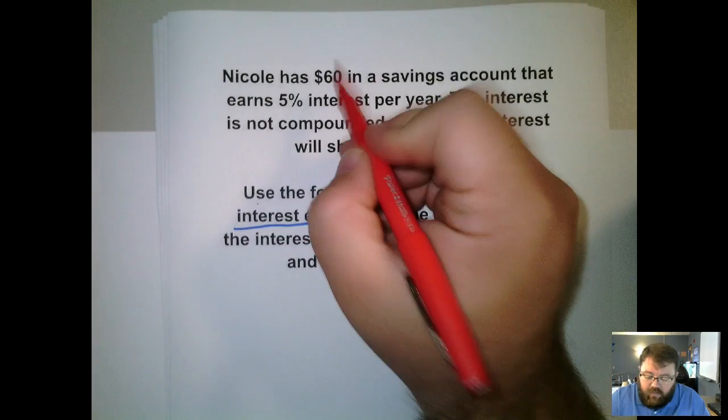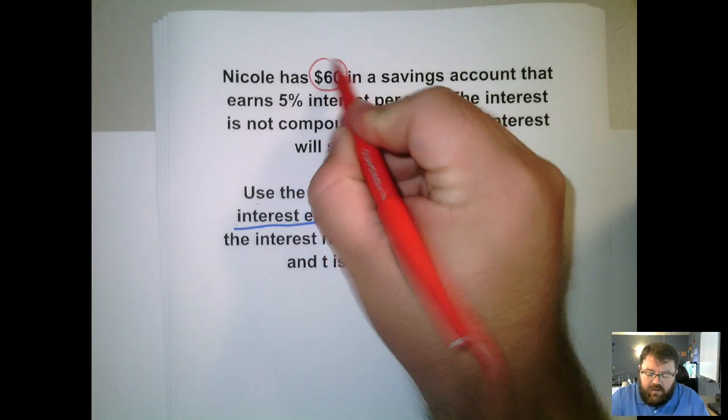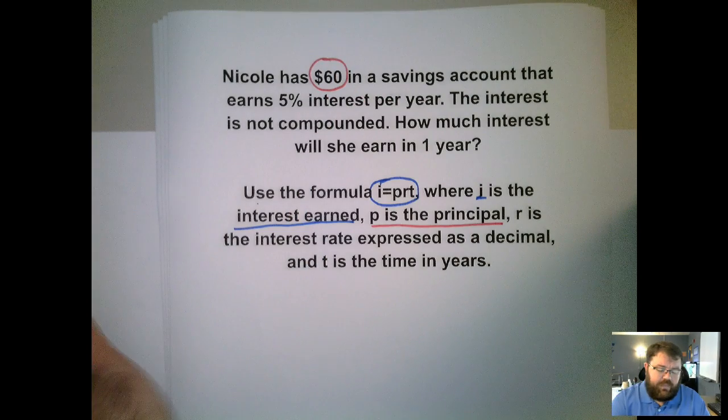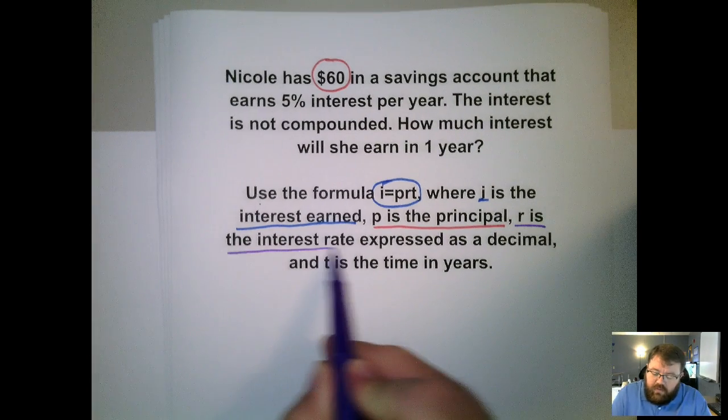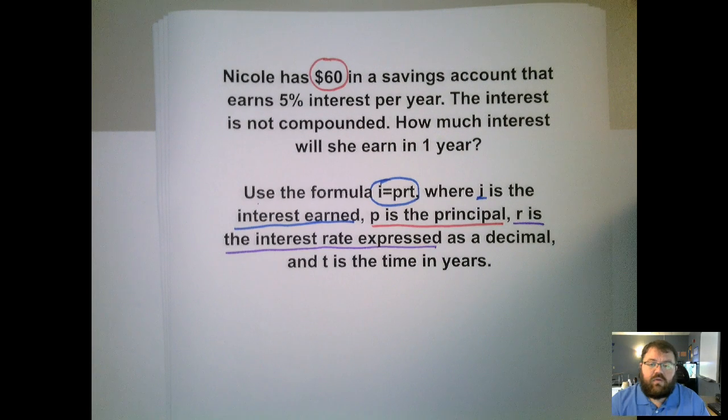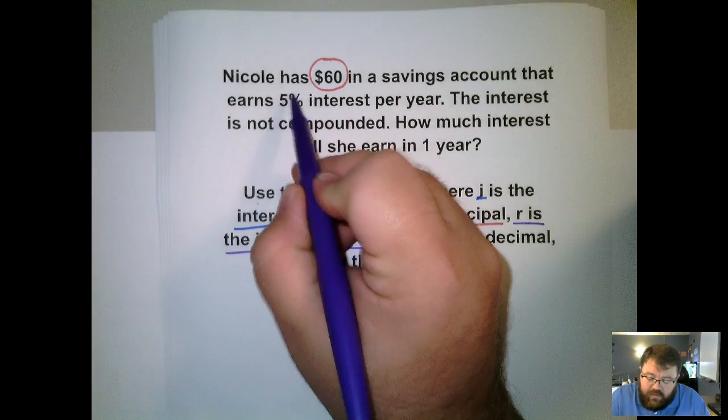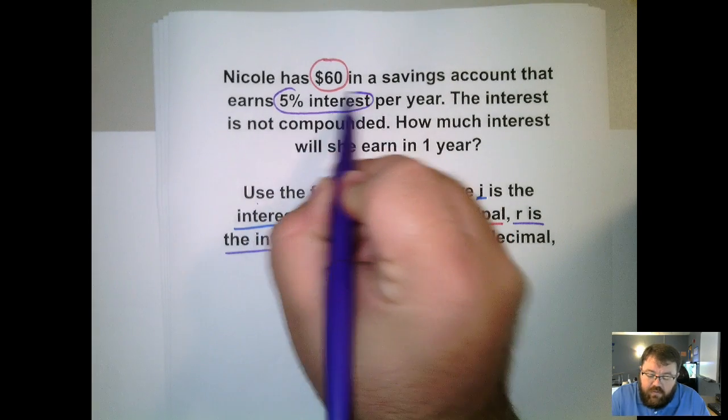In this case, Nicole has $60, all right? The next thing is R, which stands for your rate. This is going to be at what rate they're going to be paying you. And Nicole, her bank is 5% interest.